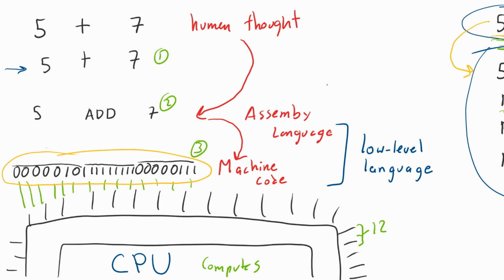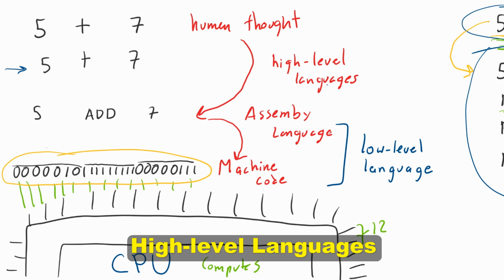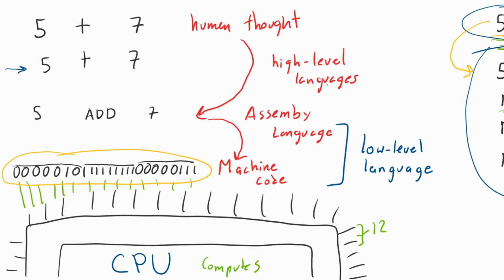It adds up. And your assembly code can get very big in comparison to your C++ code or in comparison to any other programming language code. Languages like C++, they are called high-level languages. What's interesting about these high-level languages is that they have to also get converted to machine code.